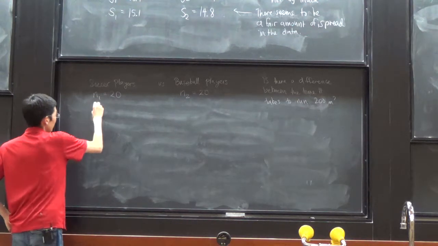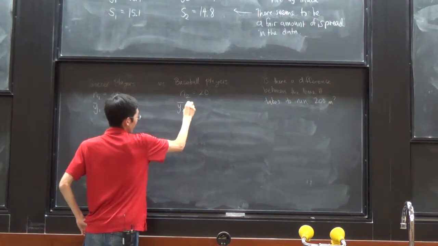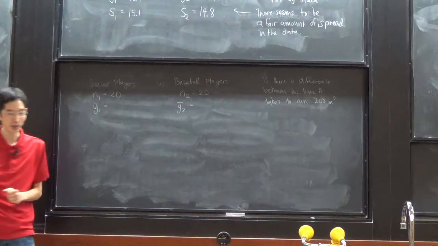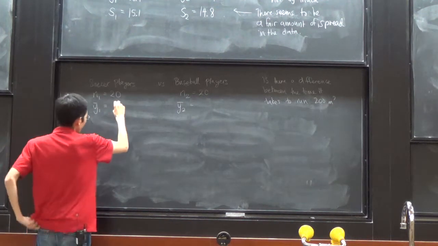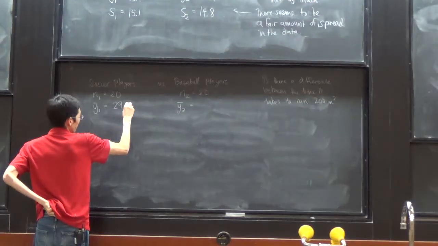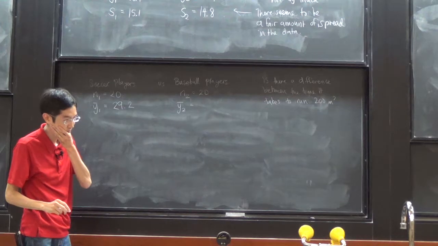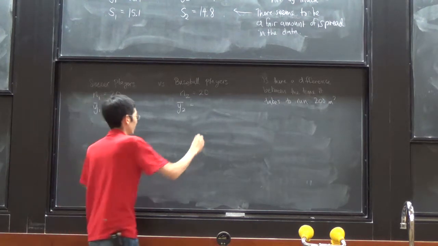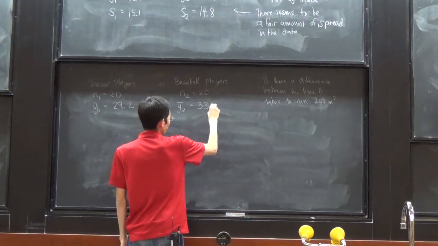I'm totally making up numbers, so I have no idea what would be a reasonable run time for 200 meters. Let's say 29.2 seconds and 33.4 seconds.